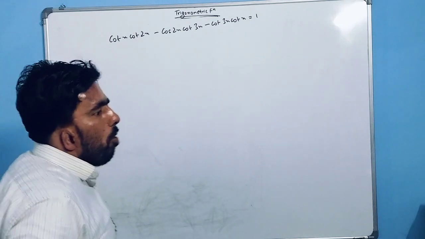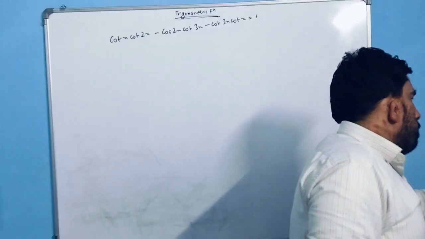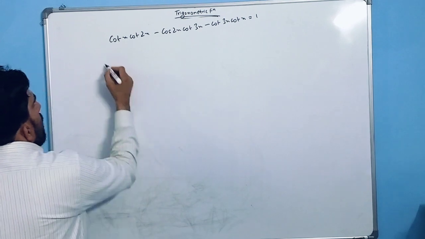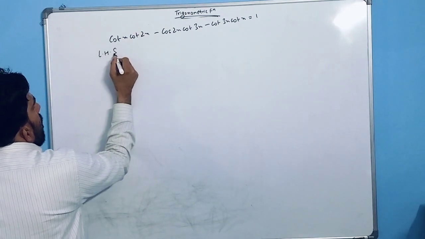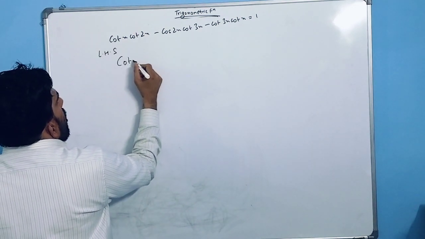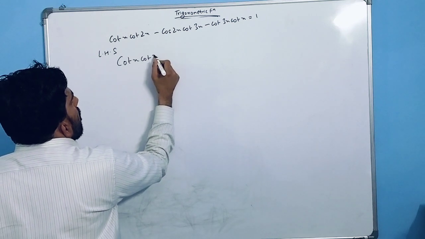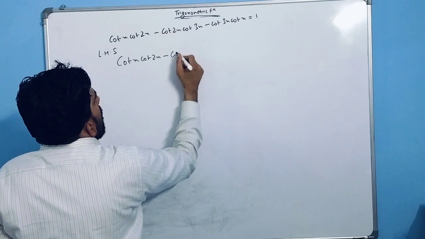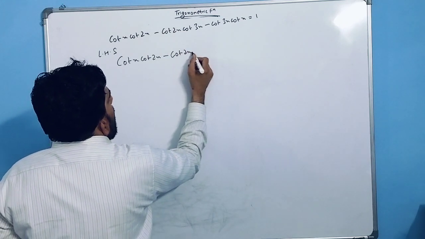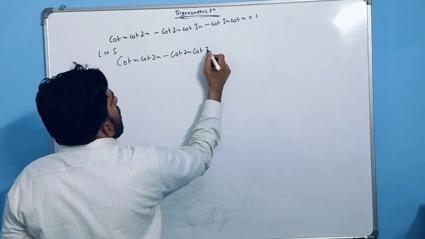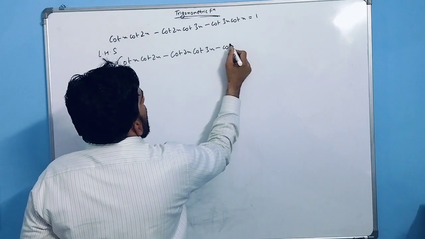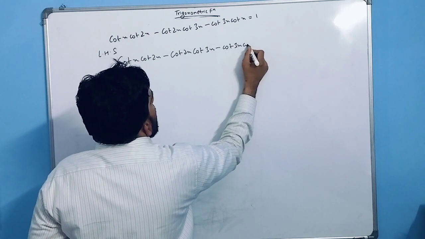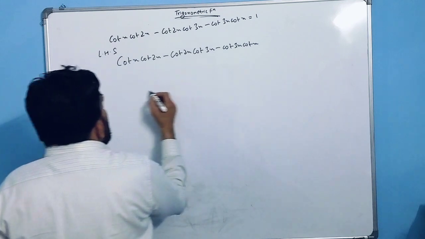Now we'll see how we can sort this out. Let us take the LHS: cot x cot 2x minus cot 2x cot 3x minus cot 3x cot x.